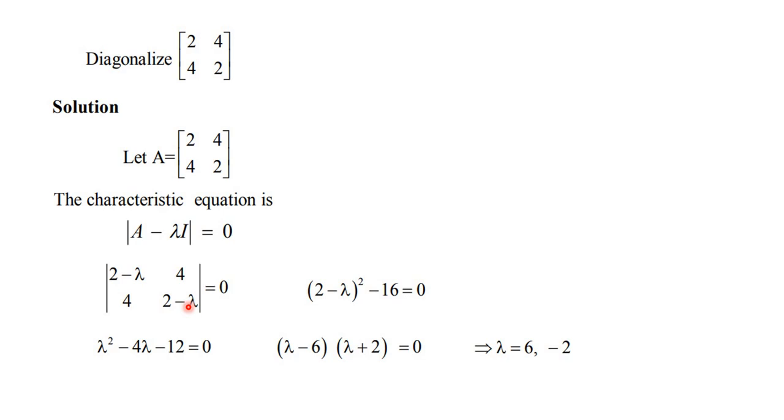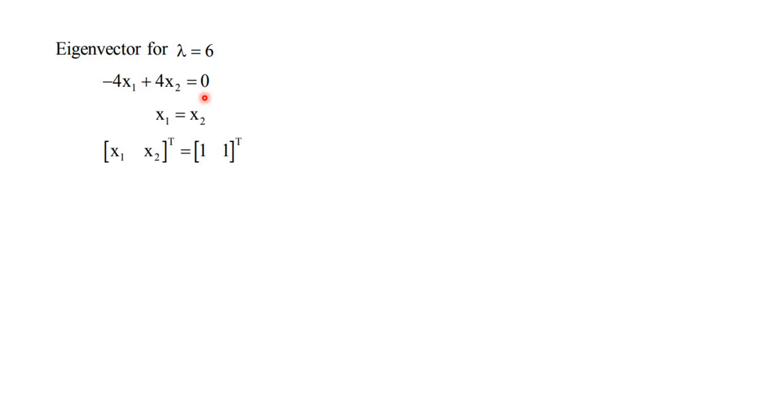That is, there exists only one equation, minus 4x1 plus 4x2 is equal to 0. So from that equation, we have x1 equal to x2. So the eigenvector is x1, x2 transpose equal to 1, 1 transpose.